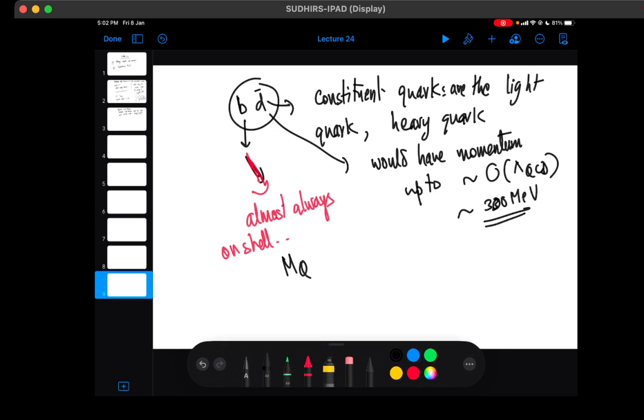So mass would not change. This would be of the order of lambda QCD. The total meson would be dominated by the heavy quark mass, plus some order lambda QCD.